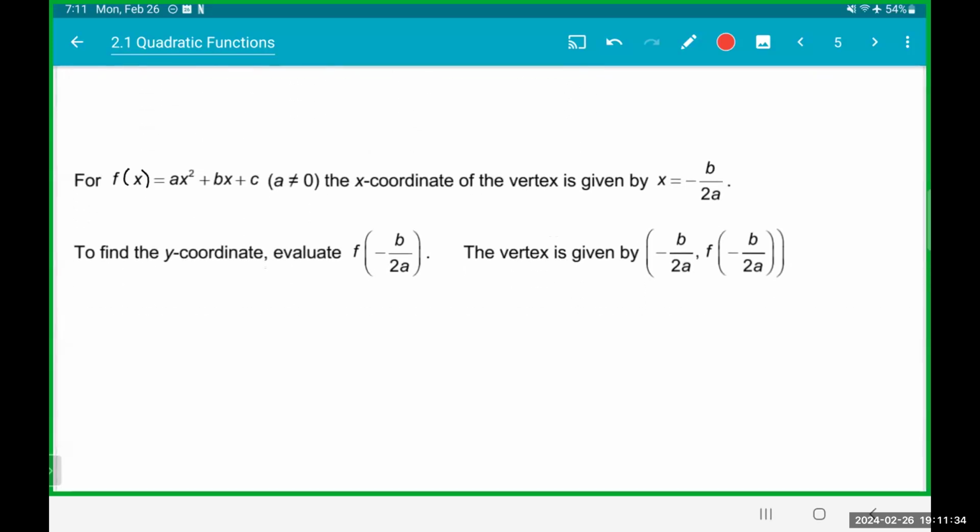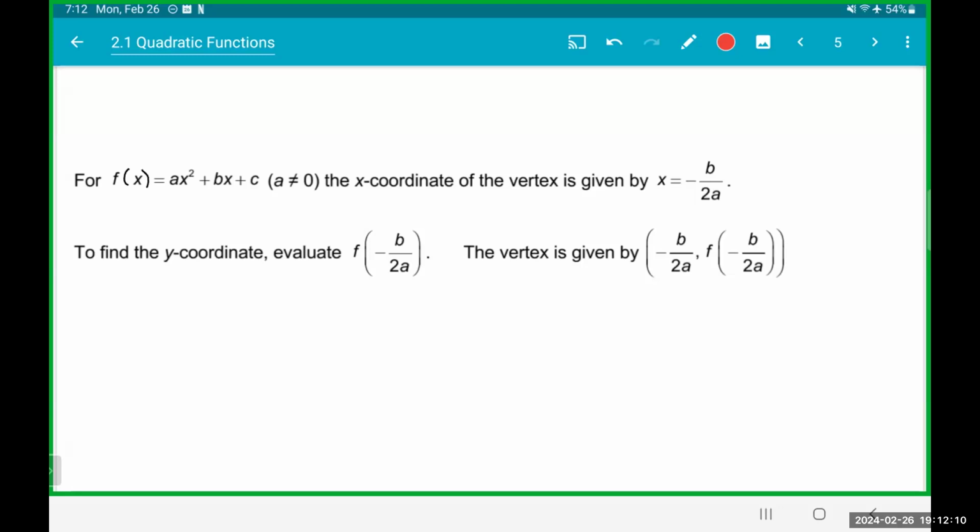And then we have, if we're looking at what our vertex is in the quadratic form, I can figure out the x coordinate of my vertex, which is the h, by just doing -b divided by 2a.